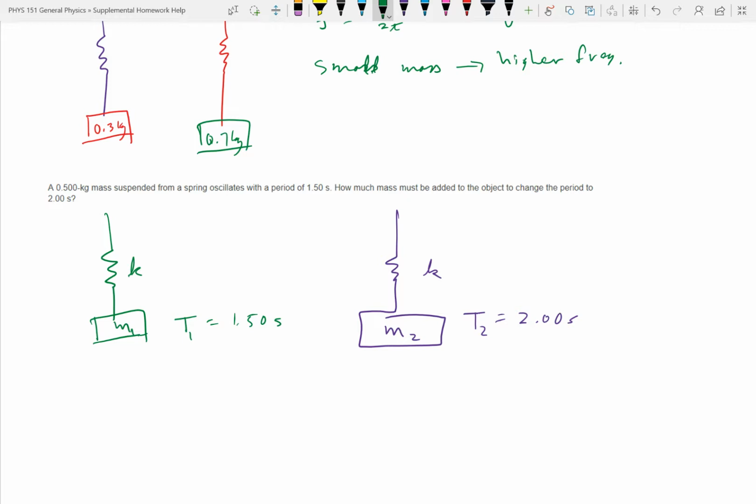So we use period equals 1 over frequency. To find frequency, you need to find angular frequency. Angular frequency, you're right. I'm just doing essentially what you said.